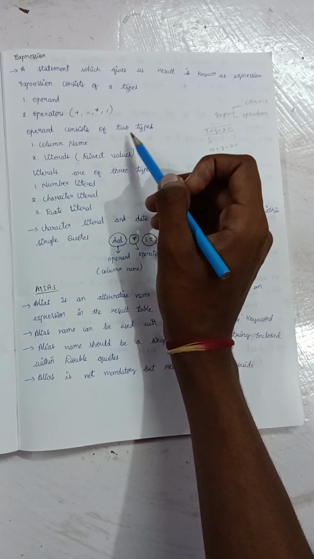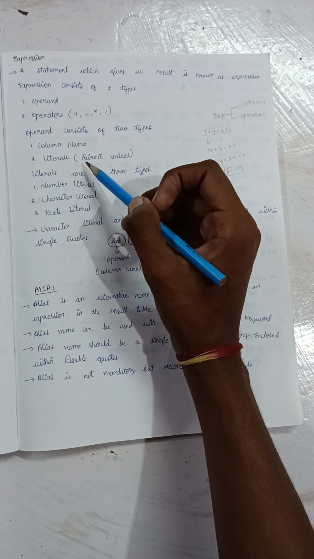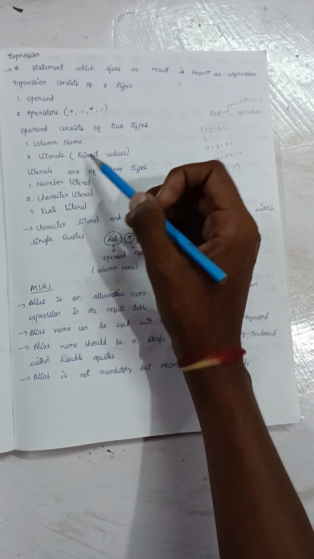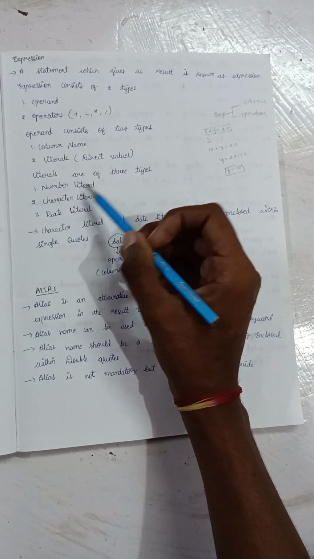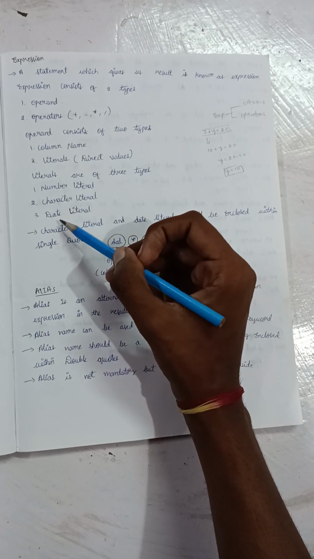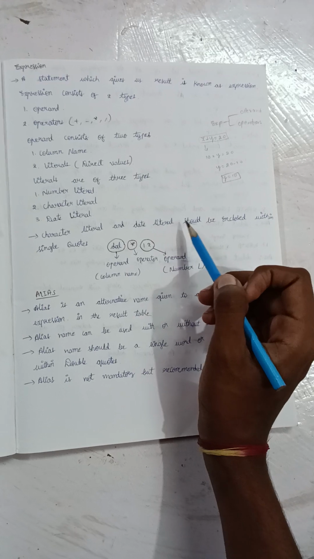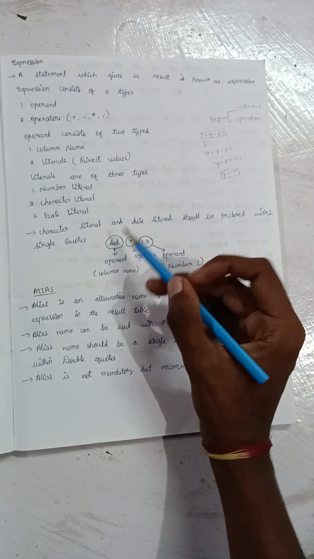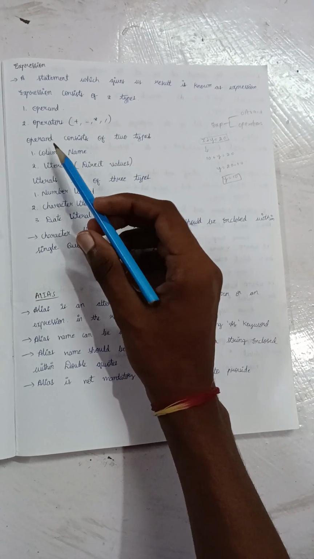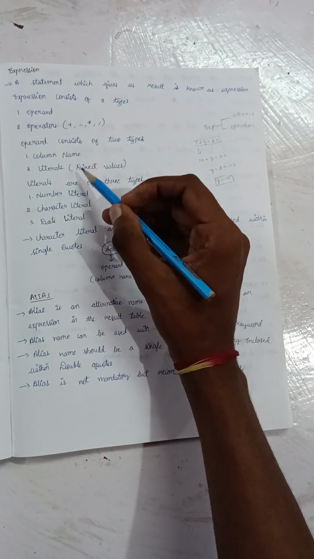Operand consists of two types: column name and literals. Literals are also known as direct values. Literals are of three types: number literals, character literals, and date literals. Character literals and date literals should be enclosed within single quotes.